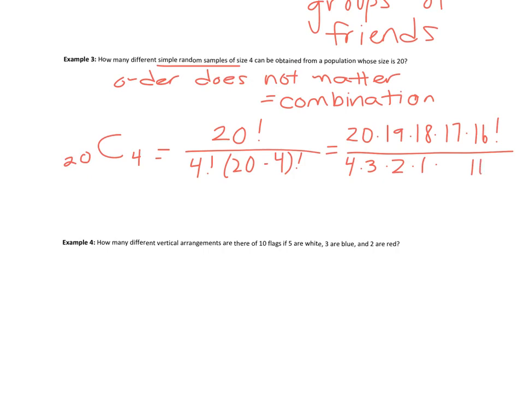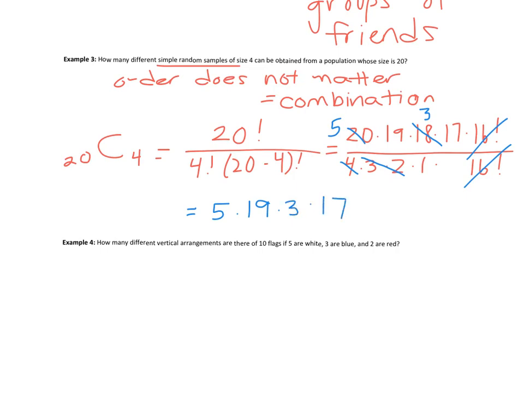Then I have 16 factorial that I'm going to cancel. What else can we cancel? Well, 20 over 4 is a common factor of 4. 3 times 2 is 6, and there's a factor of 6 in the 18. So we're looking at 5 times 19 times 3 times 17.